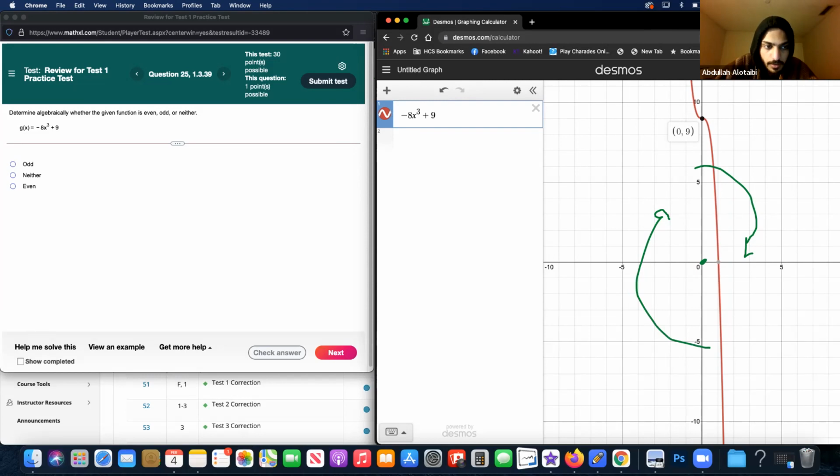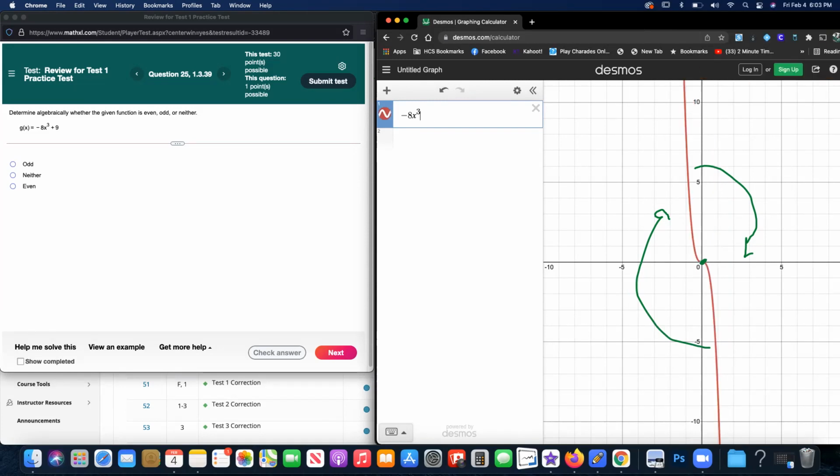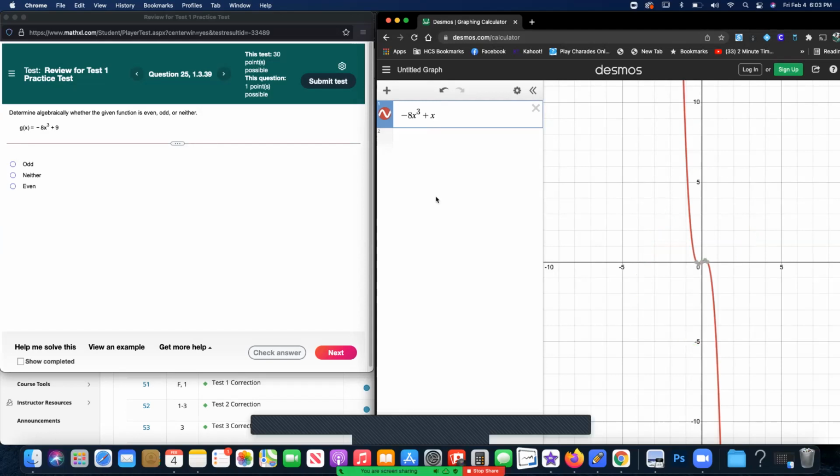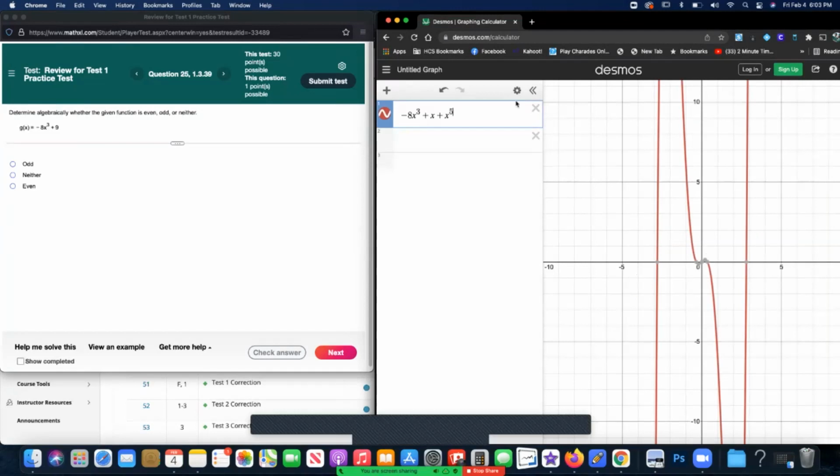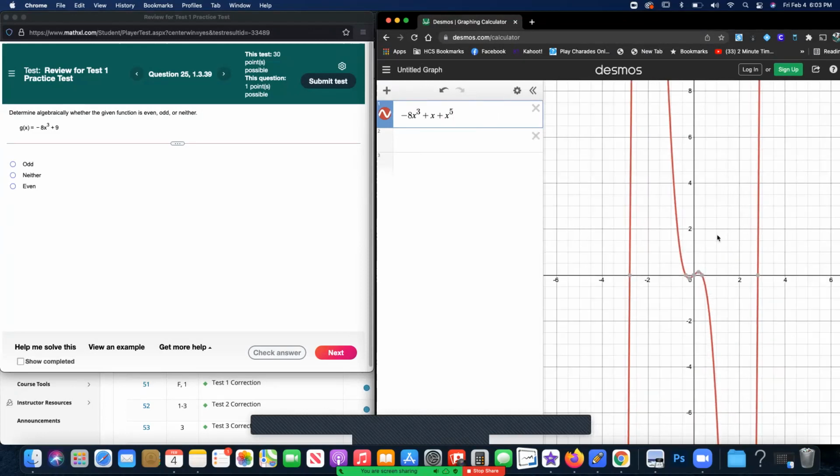So if you have something like this, that's odd. If you think about something like this, that's odd. If I had plus x to the fifth, this is also odd. But as soon as I have, this is also odd because of the zoom out.